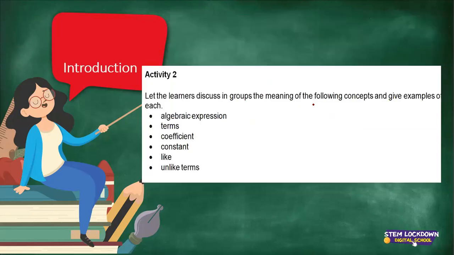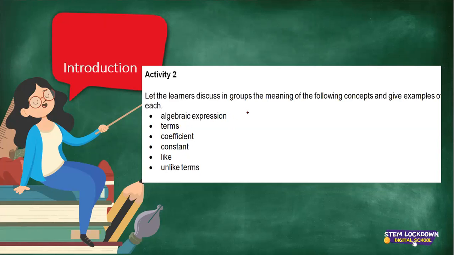Let's carry on. Basically, we are revising some concepts. We looked at this yesterday, right? You all know what is an algebraic expression: term, coefficient, constant, like term, and unlike term. I won't ask you to define this, but I'll give you an example, and I'll ask you to tell me which one is an expression.